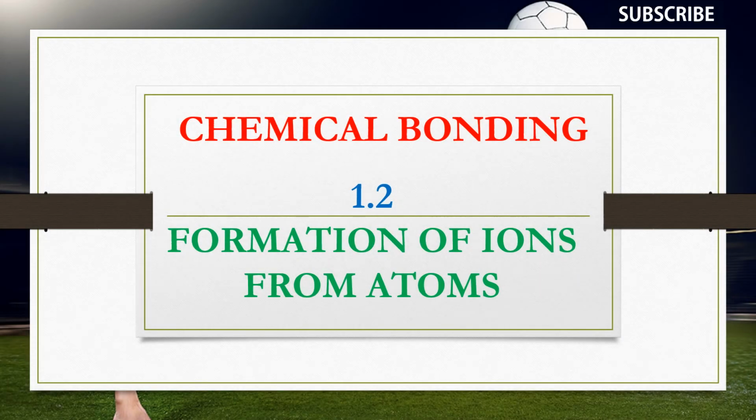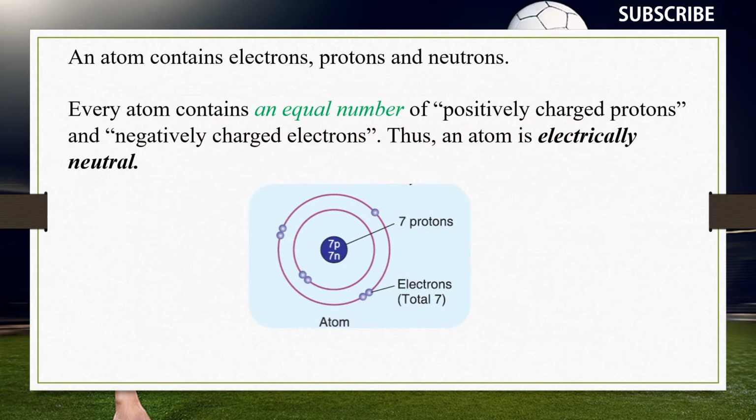In this video, we are going to look at chemical bonding, part 2, the formation of ions from atoms. By now, we know that an atom is made up of 3 subatomic particles: electrons, protons, and neutrons. Electrons are negatively charged, protons are positively charged, while neutrons have no charge.